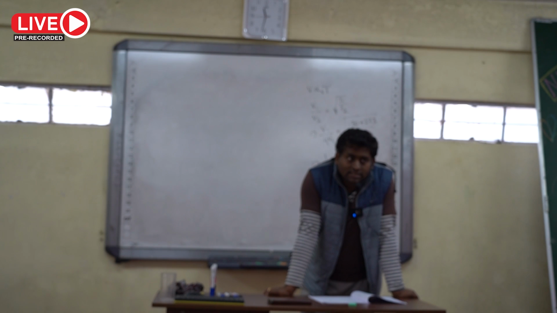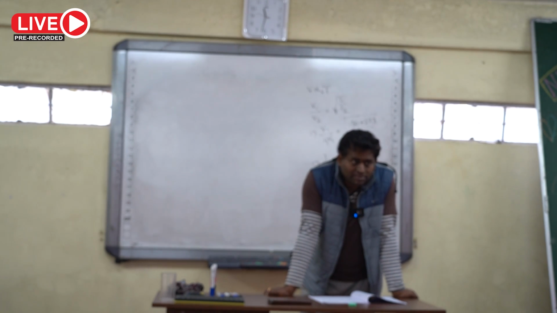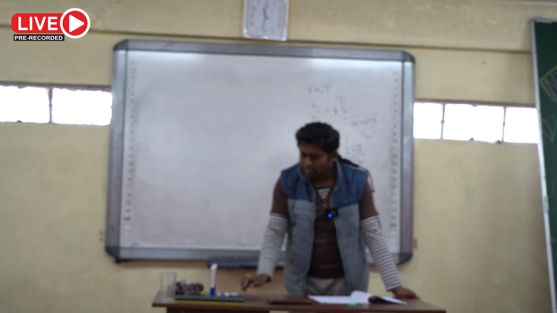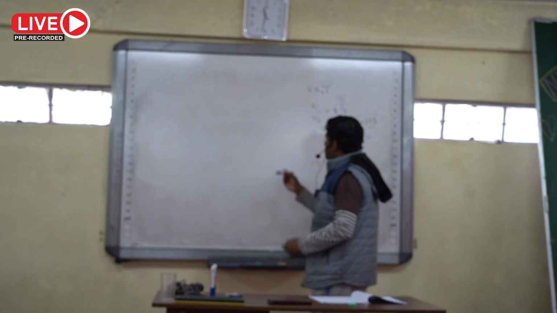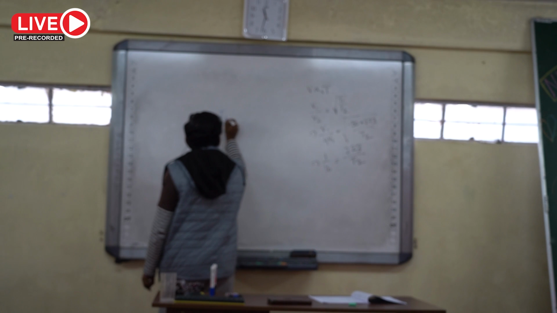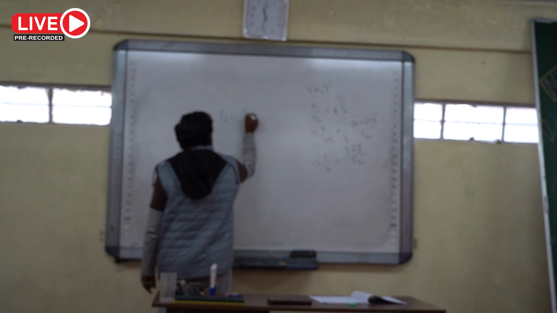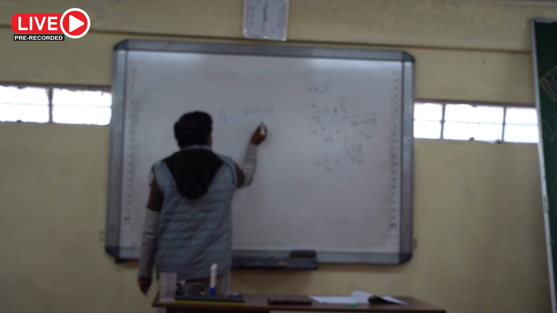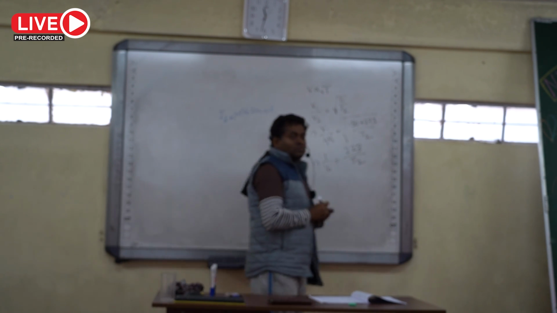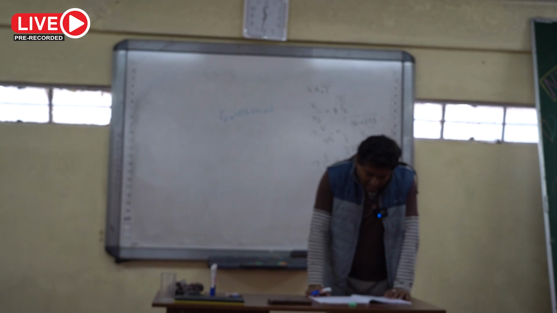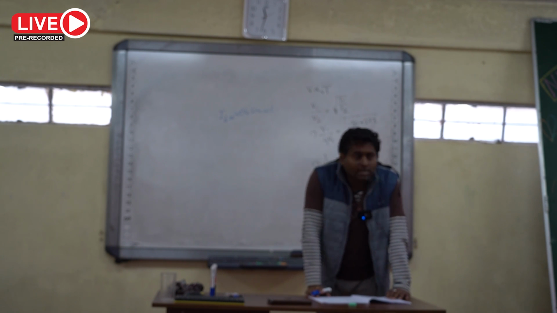Displacement current is voltage by capacitive reactance. So I(t) equals voltage V naught sine omega t divided by 1 by omega C. So this omega C will be multiplied here. So if you decrease omega, then displacement current will decrease.